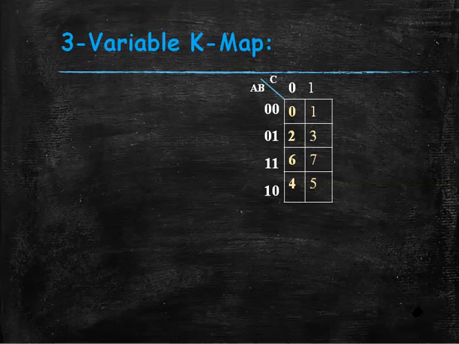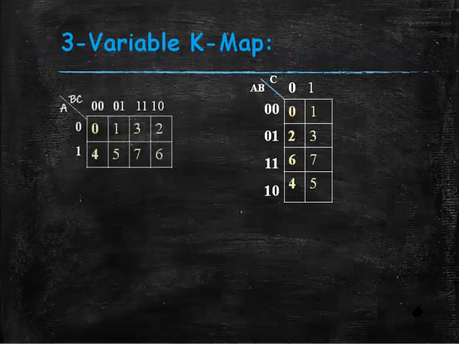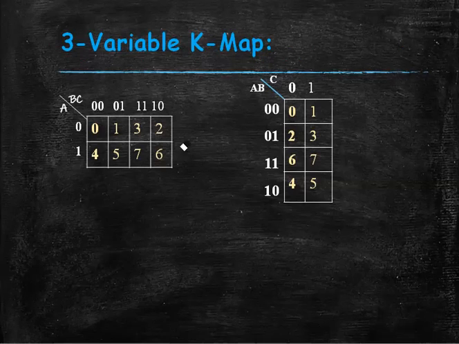As we discussed in the 2 variable case, you have to put 1 for each SOP term, and here we represent the other format. It is to convince you that if we use both representations, the result must be the same.